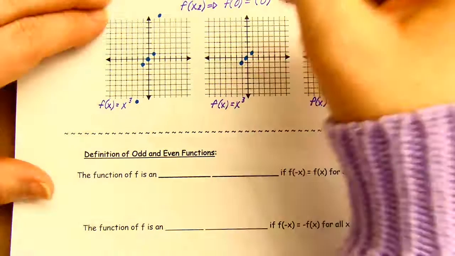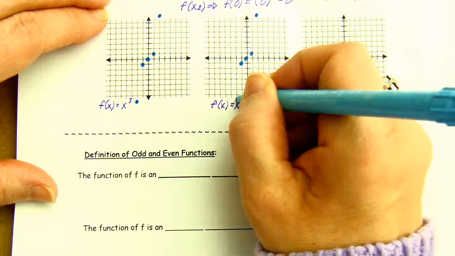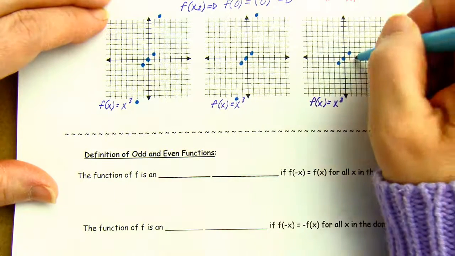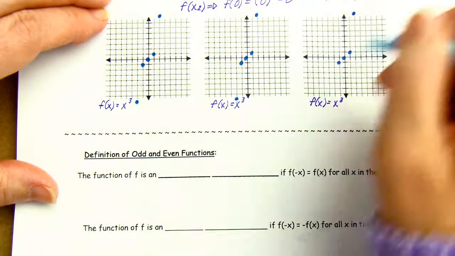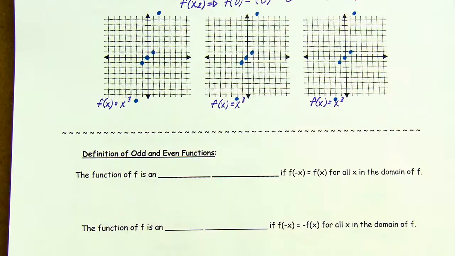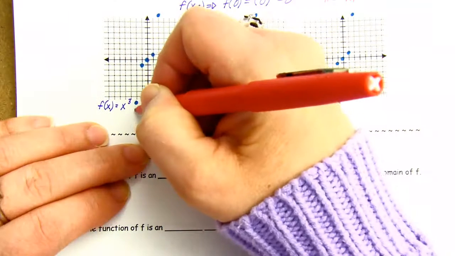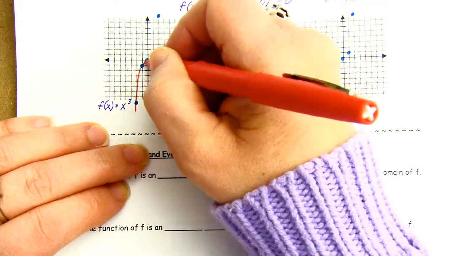All right, I'm going to do the same thing over here. 2 cubed is 8. Negative 2 cubed is negative 8. I'm now going to connect. The cube function takes on this look.